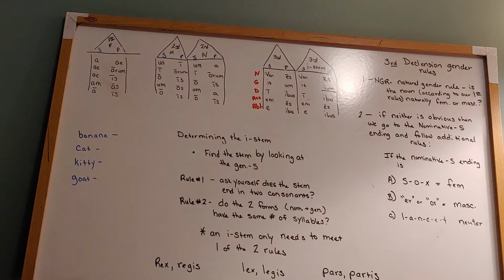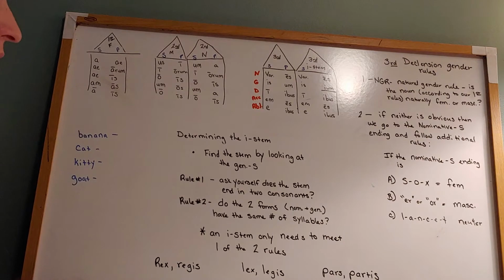All right, so this week we are entering our third declension, and from what I understand, it can be the trickiest of the declensions. So I think it's going to be broken down. I haven't looked too far ahead, but I think we're going to be talking more about the third declension next week.